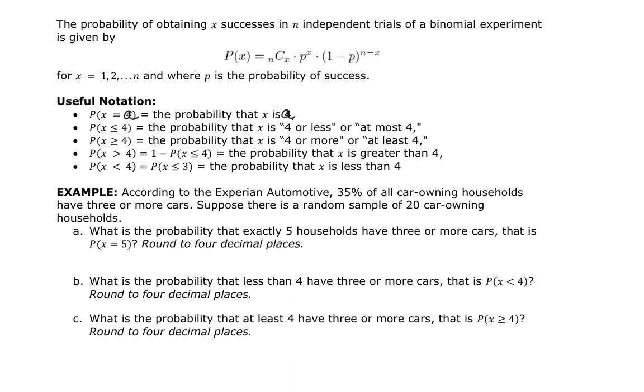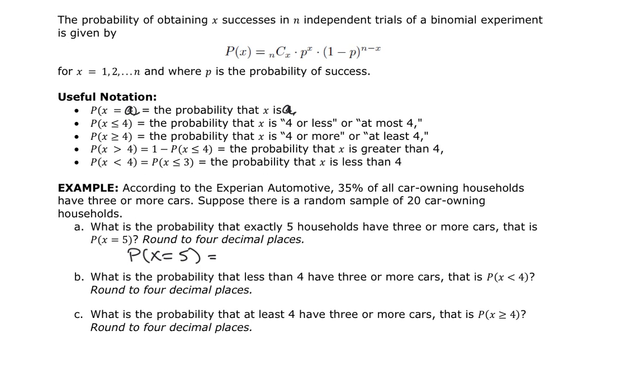Now I said there's actually 2 ways to get this, and so we're going to do the first way, which is using this formula. So if I use this formula, I'm going to have P of X equal to 5, which is equal to, we have 20 households, so we have 20 choose 5.